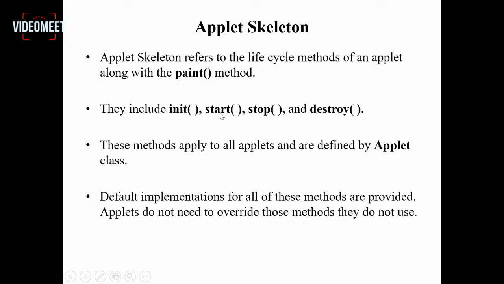After starting the applet, immediately the paint method gets executed, and whatever code you have written in the paint method, that output will be displayed in the applet window, right?